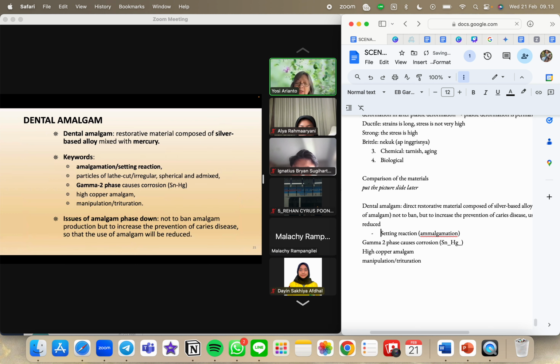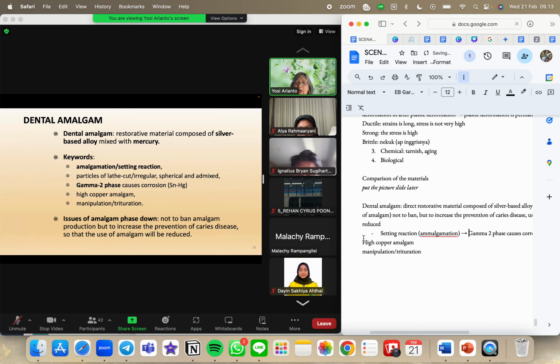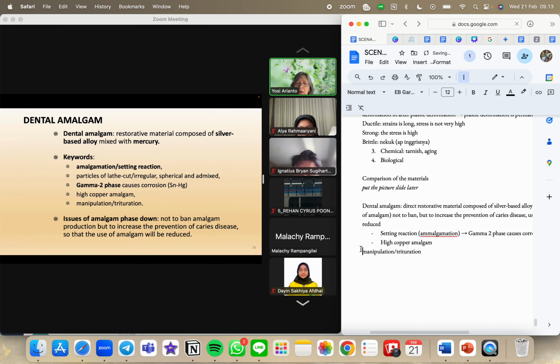We have to increase the prevention of caries disease, so that the use of amalgam will be reduced. So the amalgam phase down is only reducing the use of amalgam, not a ban, but because of that, we have to increase the prevention of caries disease. Okay.